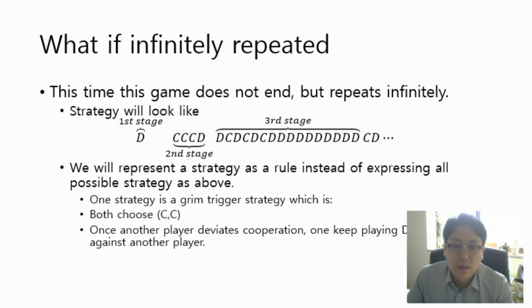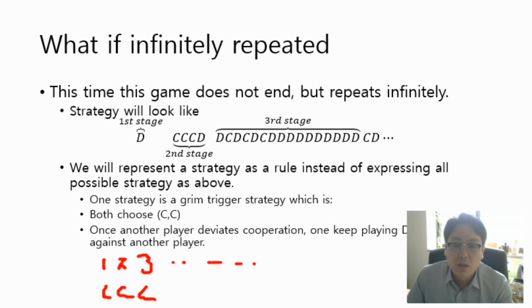Then, once another player deviates from cooperation, so that they choose D, after one player recognizes that another player betrayed, that player keeps playing D forever. Again, this is the first stage, second stage, third stage. There are many stages. They keep playing C, again C, C, C, so they can get the cooperation payoff.